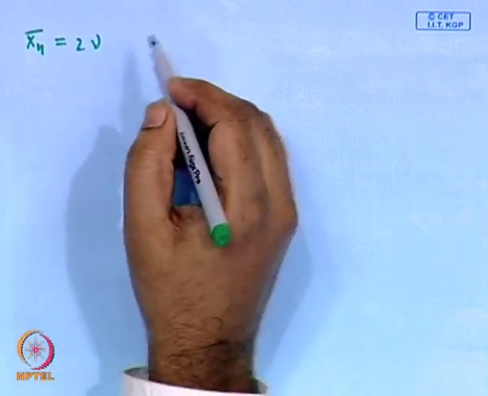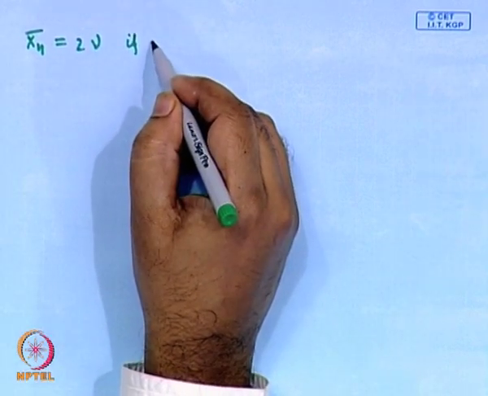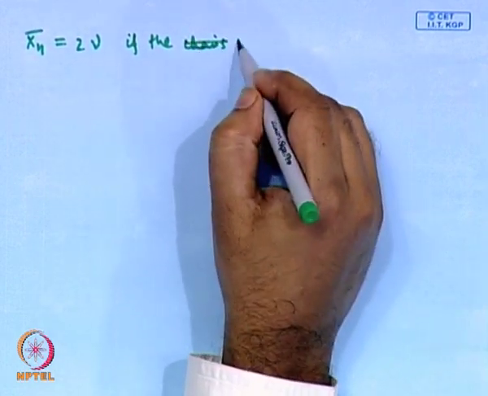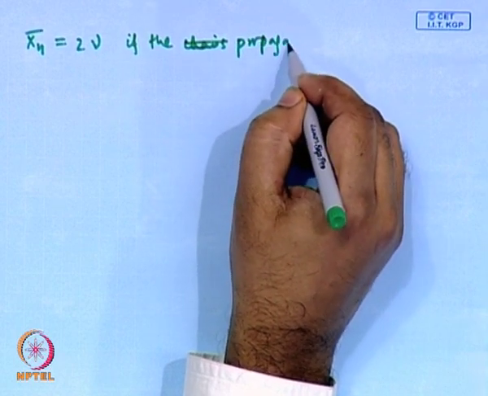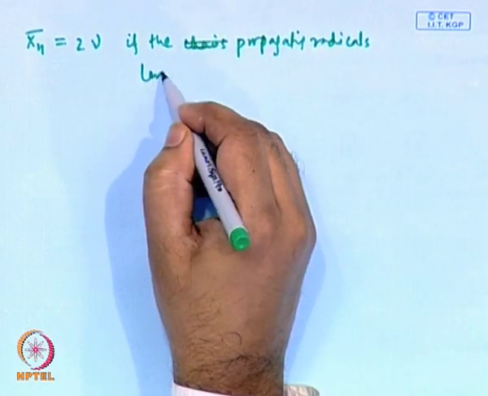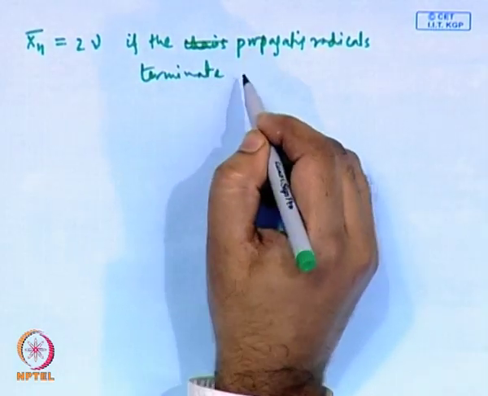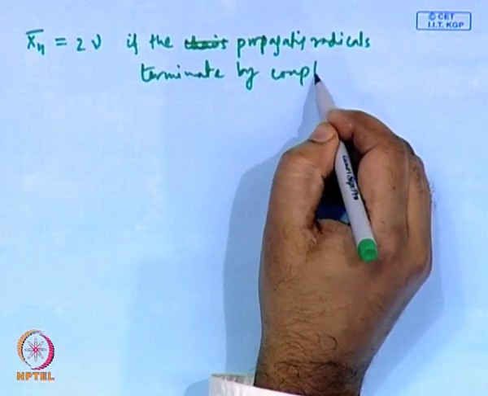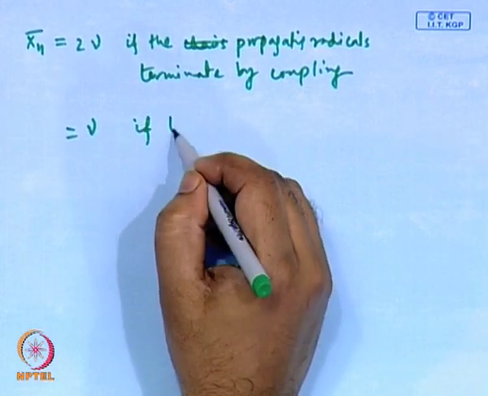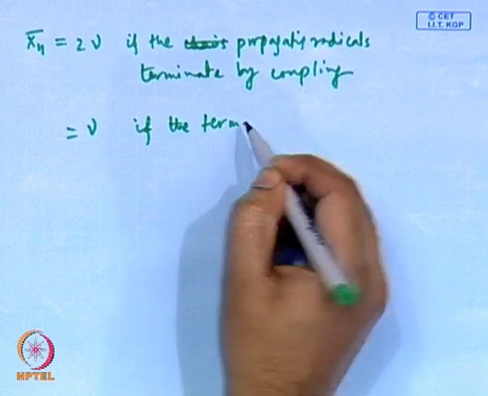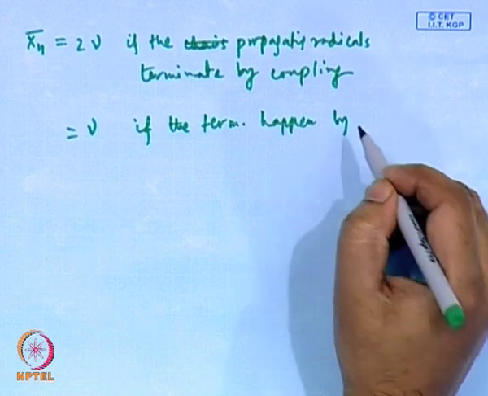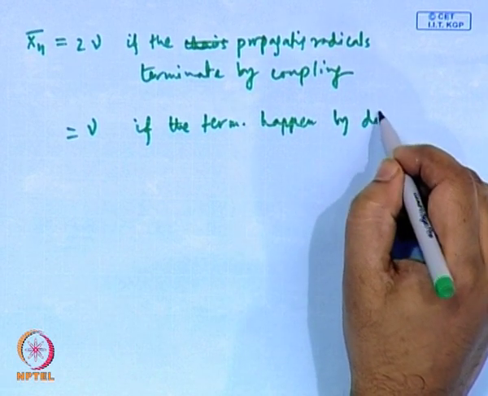It is twice nu if the propagating radical chains terminate by coupling, and it equals nu if the termination happens by disproportionation.